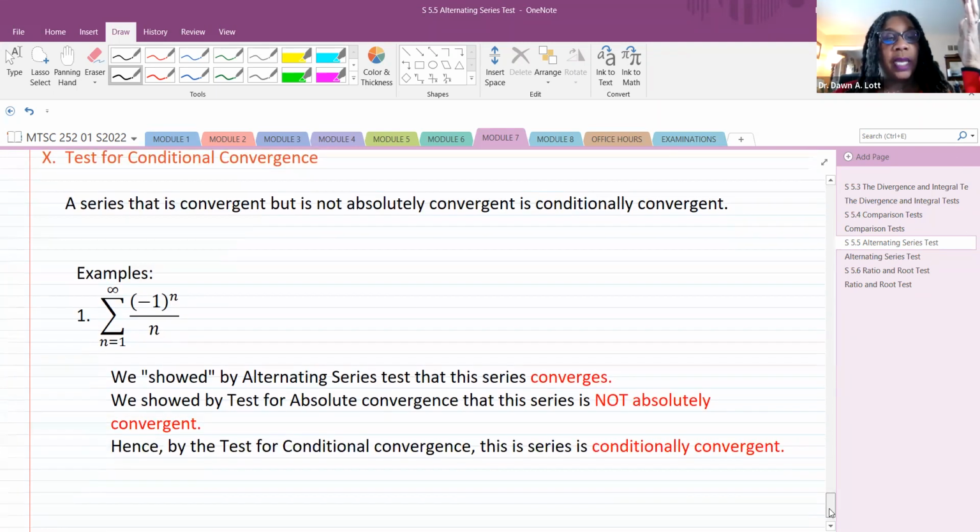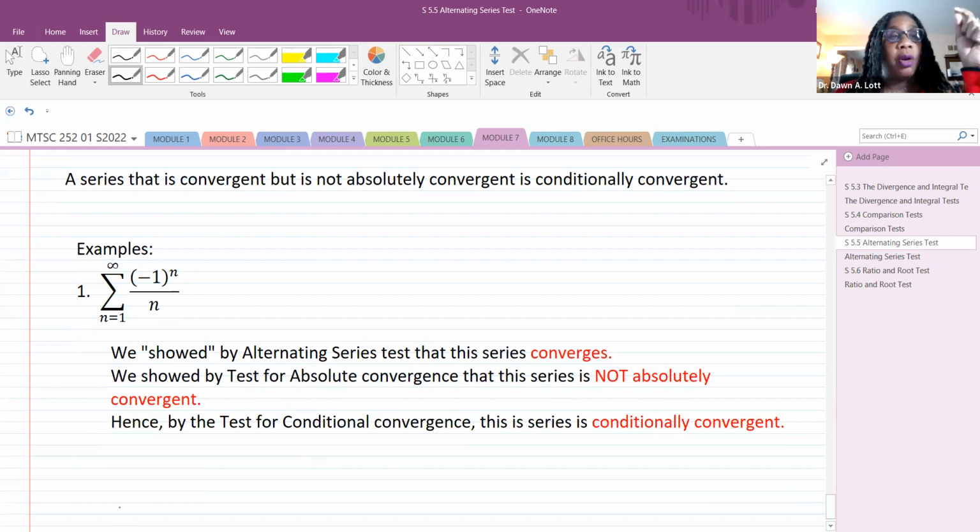We already showed that this converged by the alternating series test. Then we looked at the test of absolute convergence and saw that the absolute value was the harmonic series. It didn't converge. So therefore, the series converges conditionally.